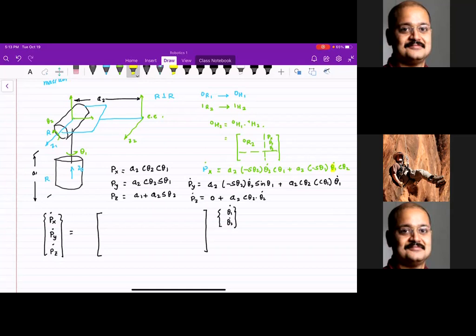Whatever is multiplying theta 1 dot needs to go here, which is A2 minus sine theta 1 cosine theta 2. So when I multiply first row, first column, I get this term. The second thing is this, and that needs to go here.